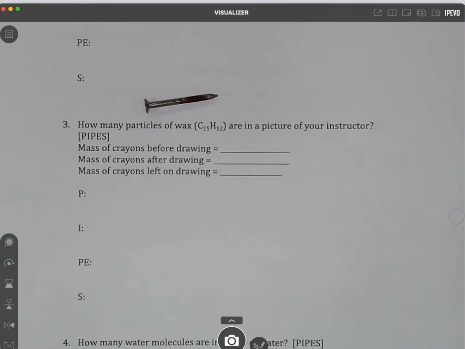So the poor groups last year either had masked Mrs. Dorners or they just had to imagine what might be there. People had to think about what Mrs. Dorner looks like underneath her mask. So you're going to draw a picture of me and figure out how many crayon particles get deposited on the paper as you draw a picture of me.